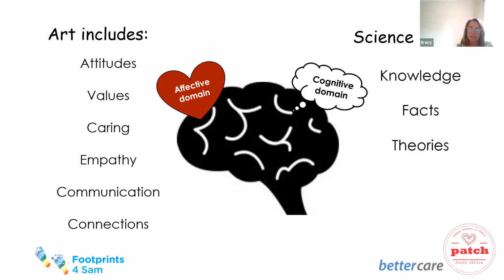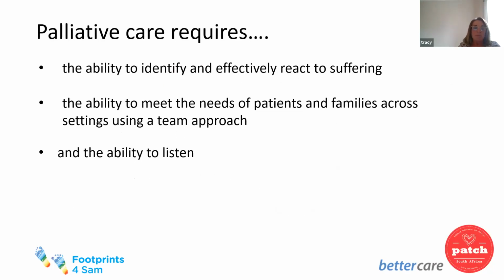We need to be able to have both of these aspects and work in both domains. And one of the biggest aspects that we talk about in palliative care is communication. We need to be communicating. And so palliative care requires the ability to identify and effectively react to suffering.